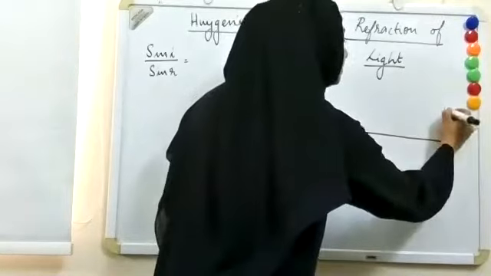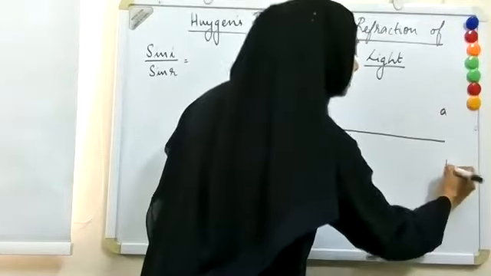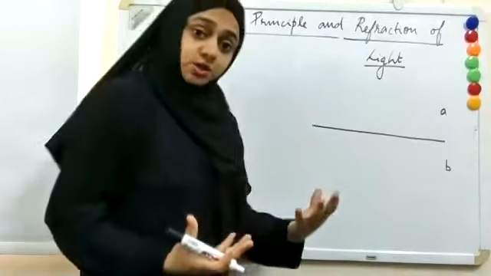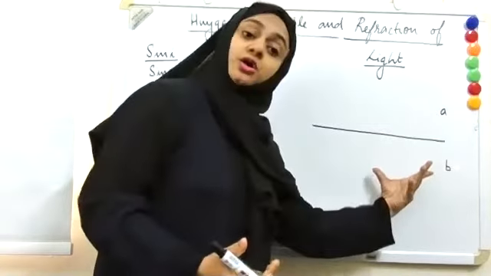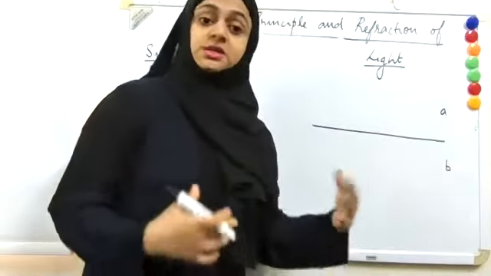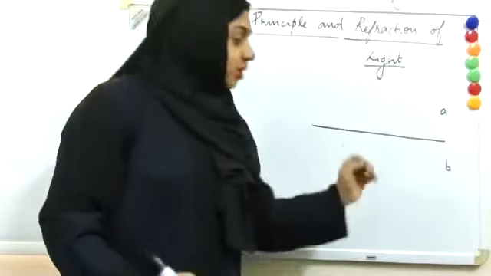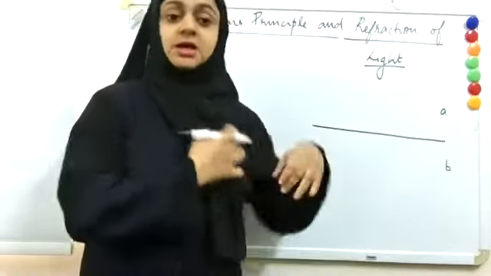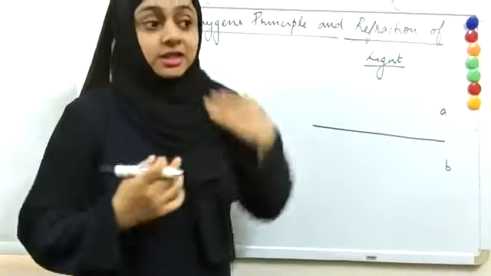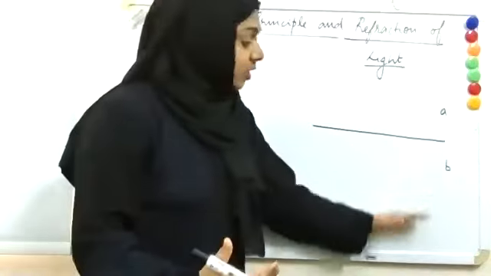So let us consider two media. Let this be medium A and this is medium B. Let us assume that medium B, or the second medium, is optically denser than the first medium. Optically denser means the light will have a lesser wave velocity.